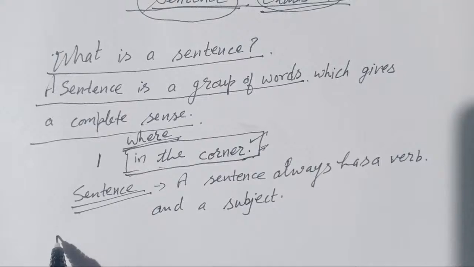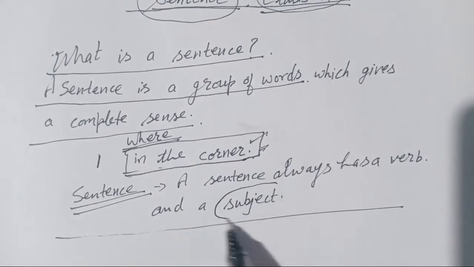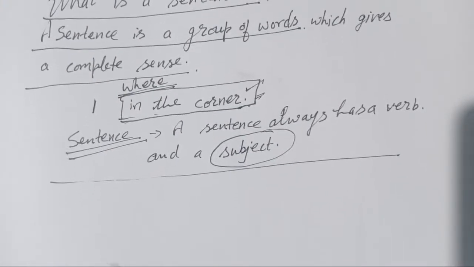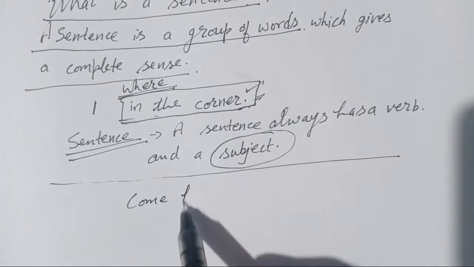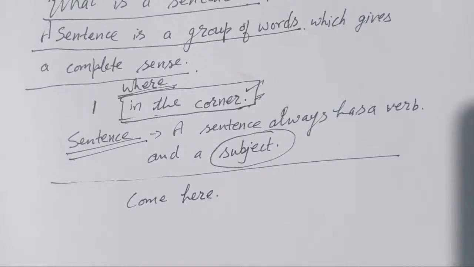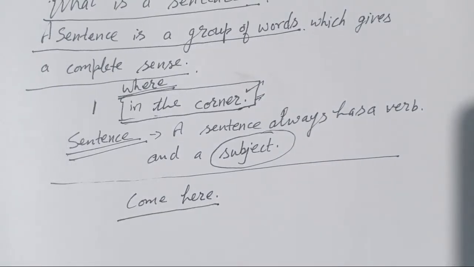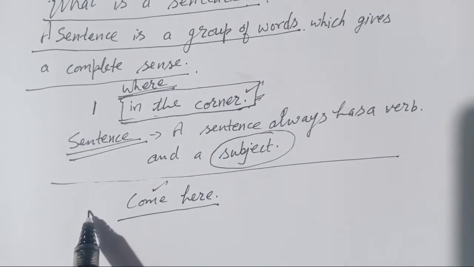Now again, some students may get confused about the subject. Suppose I'm writing another sentence, and the sentence is, come here. This is a complete sentence. Now students may think the verb is there, but there is no subject.